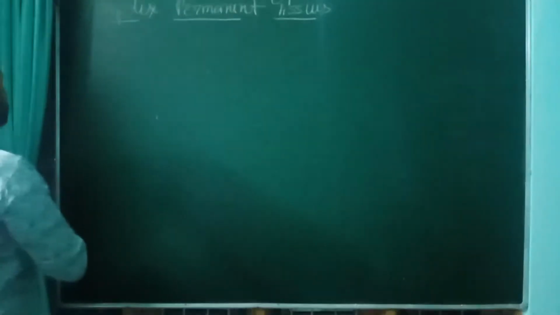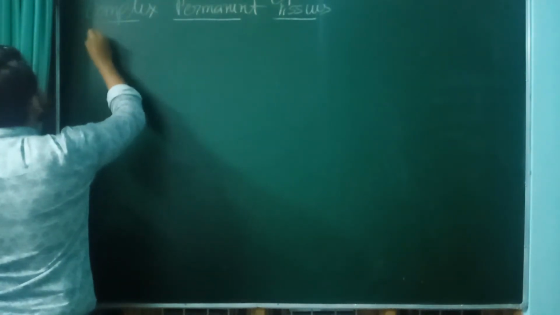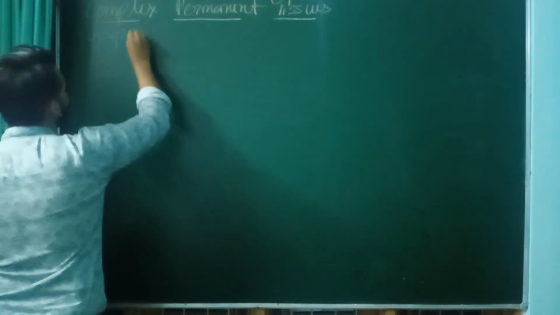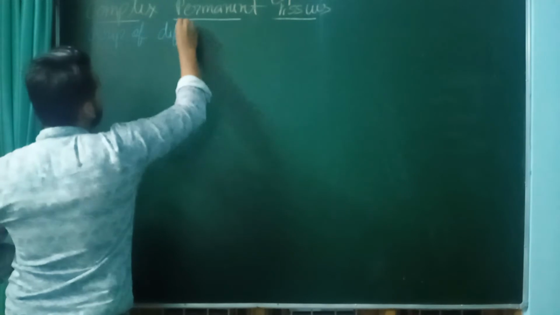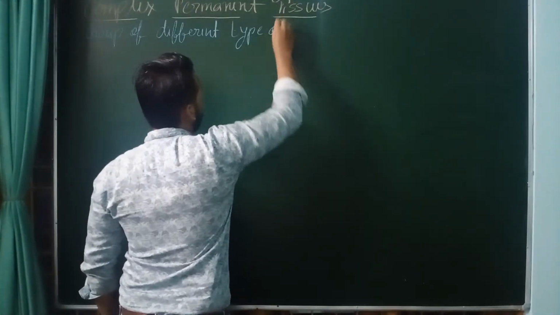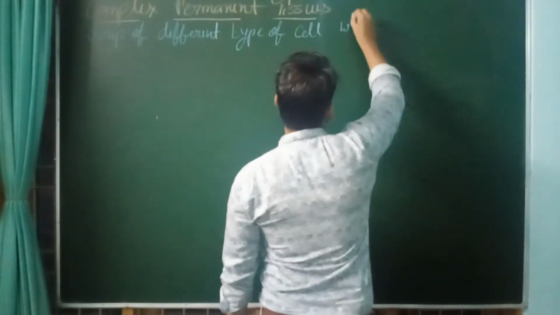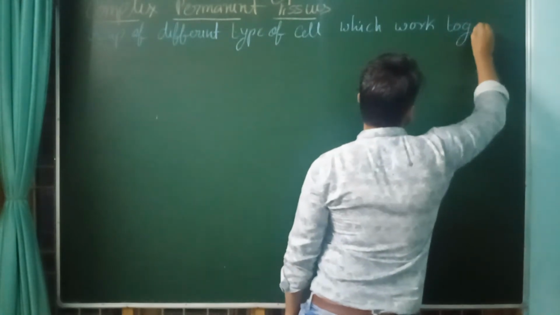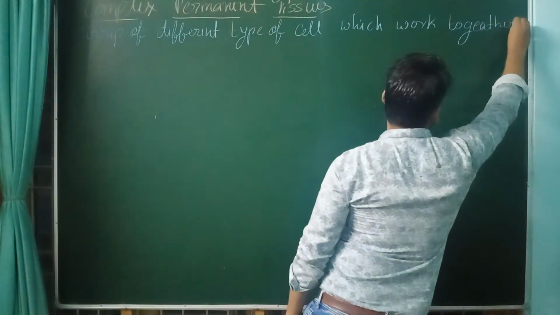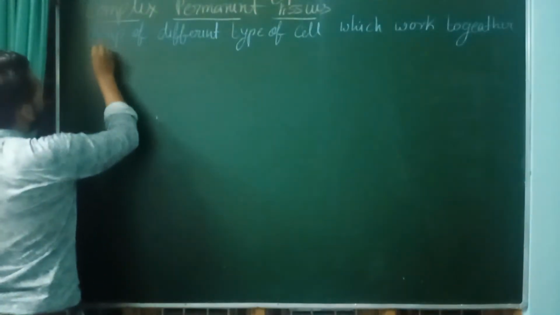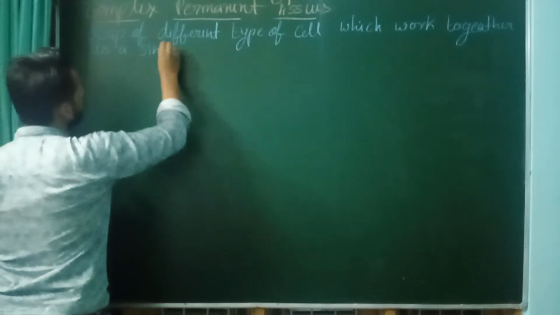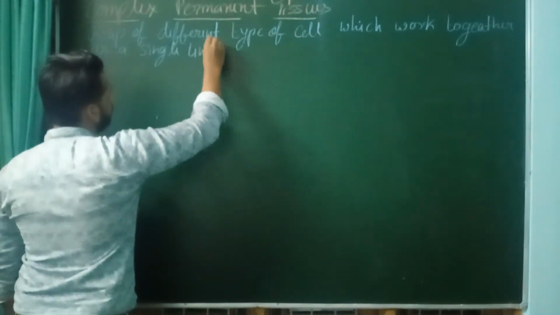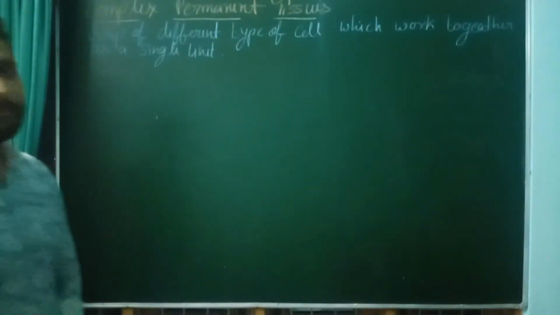So we can write: a group of different types of cells which work together as a single unit are known as complex permanent tissues.